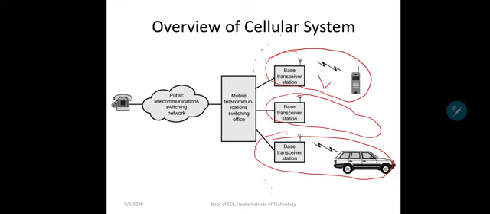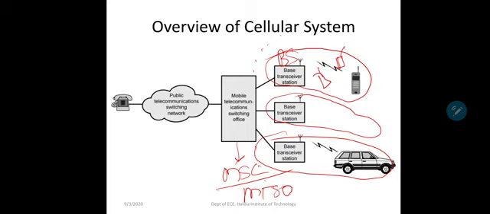Each mobile handset present in a location will be communicating directly to its BSC or BS, and each of these BS is connected to an MSC, also known as the mobile telecommunication switching office, MSC or MTSO, the one and the same thing.